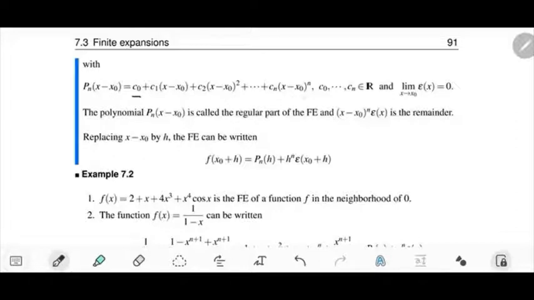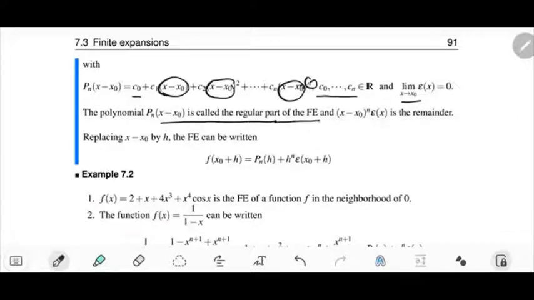So it's a polynomial in x minus x0 of degree n, where all the coefficients c0 to cn belong to R, and epsilon of x is a function that goes to 0 as x tends to x0. Pn of x minus x0 is called the regular part of the finite expansion, and (x minus x0) to the power n epsilon of x is called the remainder.